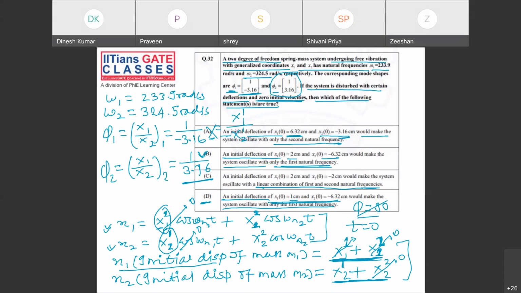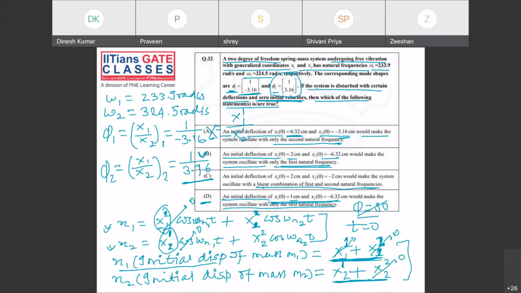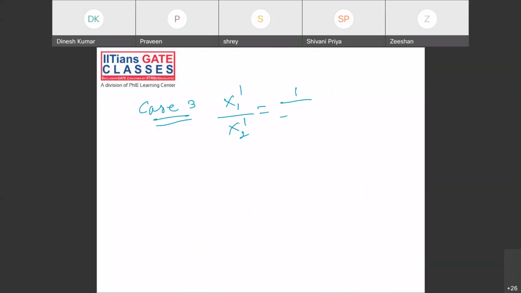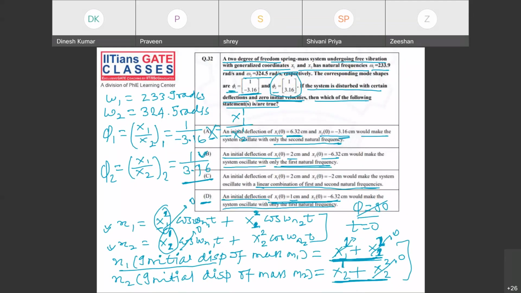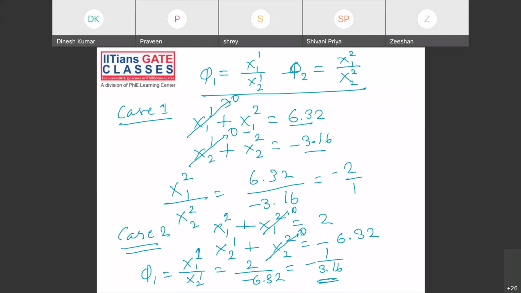So if you find the ratio for case 3, your x1 1 upon x2 1, it is how much? It is 1 by minus 6.32. Am I correct? Yeah. So is it correct? This is wrong. It should be like B, then only that is first mode. So D cannot be the answer. Okay, D cannot be the answer.